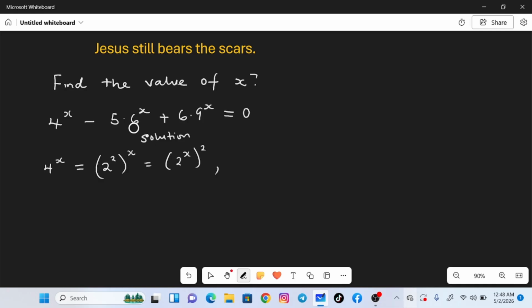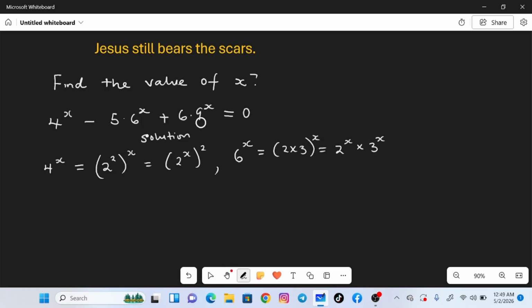Also, let us rewrite 6 raised to power x. 6 raised to power x equals bracket 2 multiplied by 3, raised to power x, because 2 times 3 will give us 6. So we are going to have 2 raised to power x multiplied by 3 raised to power x.